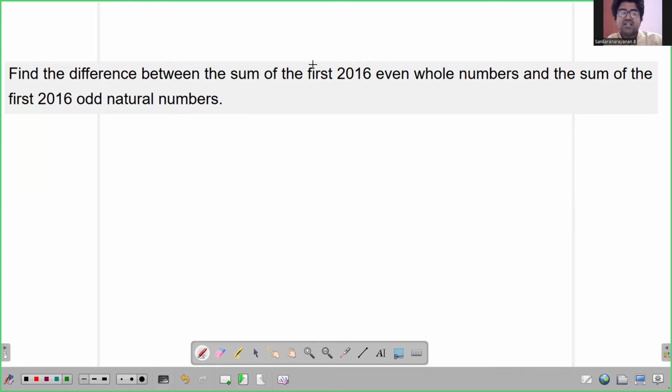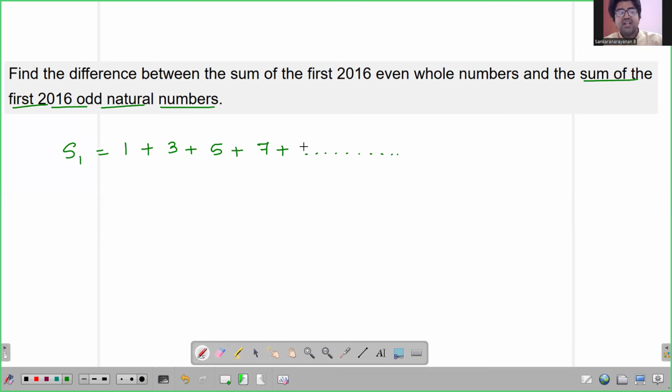Let me consider the sum of the first 2016 odd natural numbers. Let the total be S1. It's like 1 plus 3 plus 5 plus 7 plus, and so on.